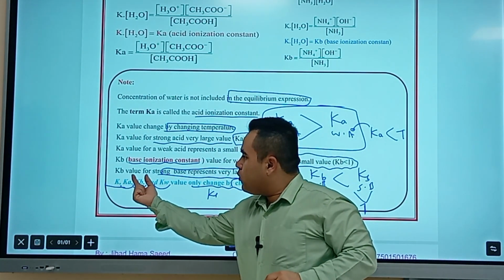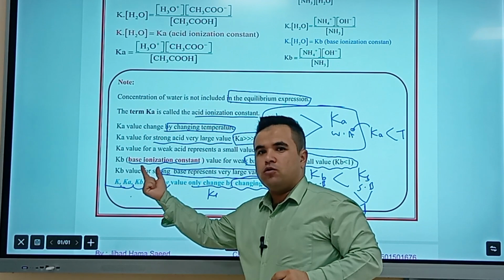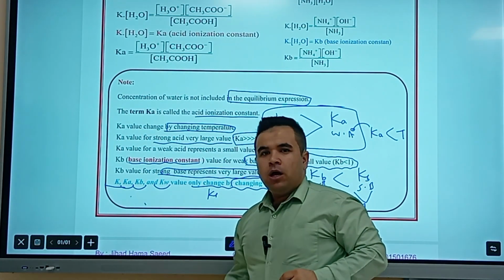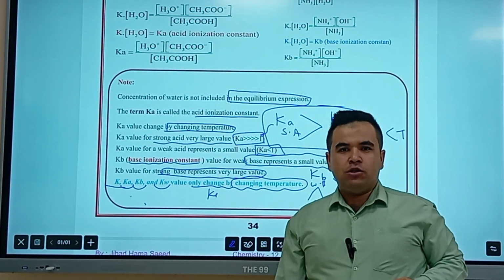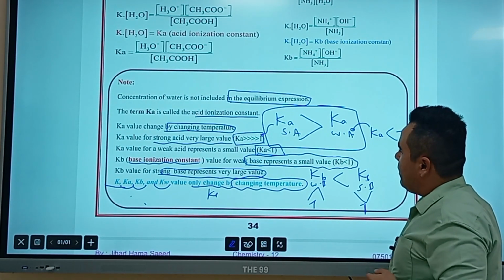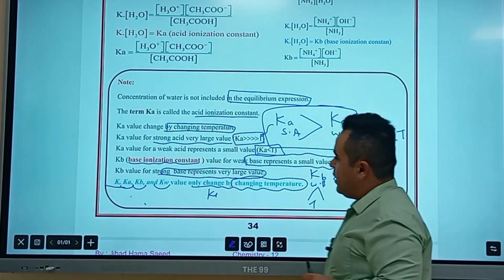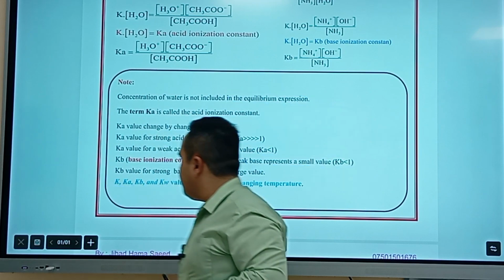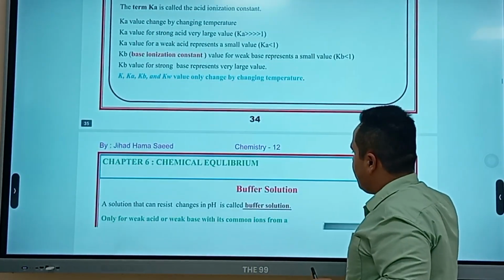The equilibrium constant, the ionization constant of acids, of bases, and of water are changed by changing what? Changing the temperature of the medium, guys.